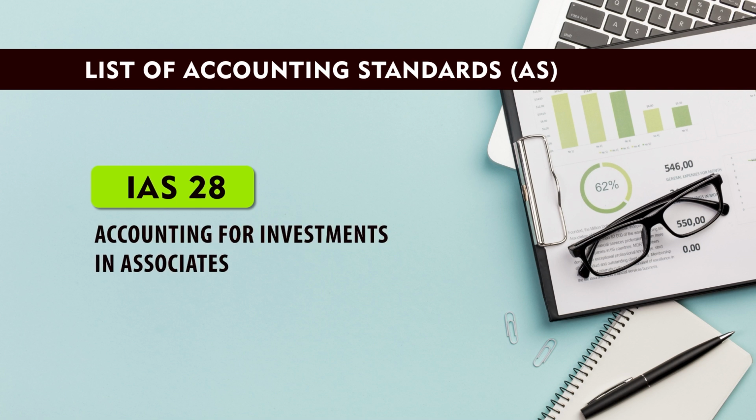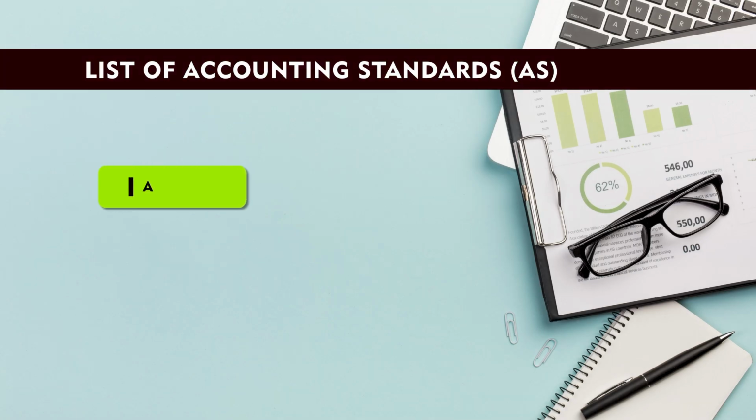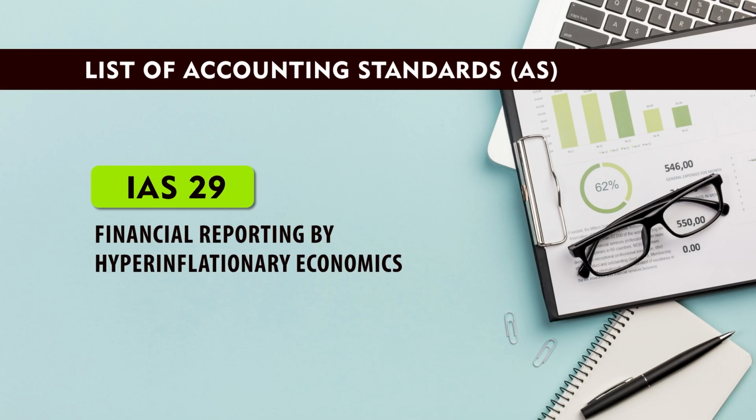Then the next one is IAS 28. IAS 28 stands for accounting for investments in associates. Then the next one is IAS 29. So IAS 29 stands for financial reporting in hyperinflationary economies.